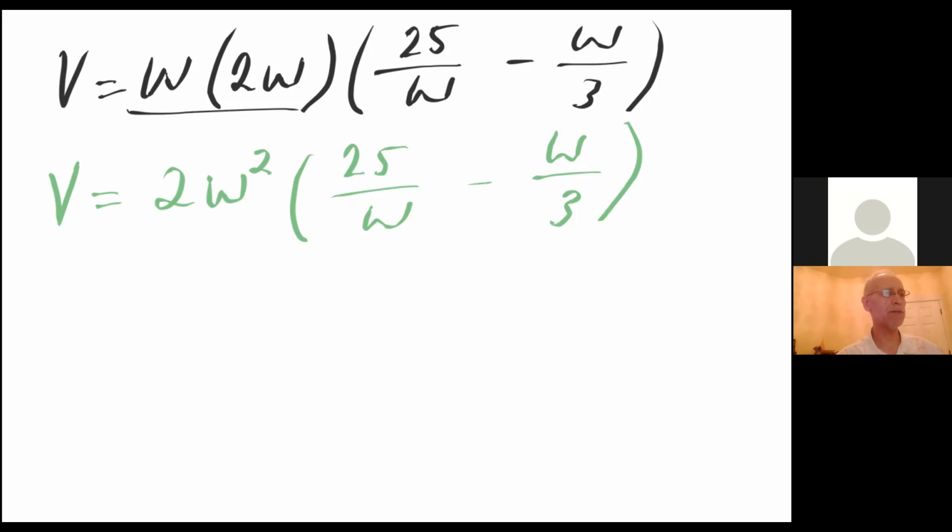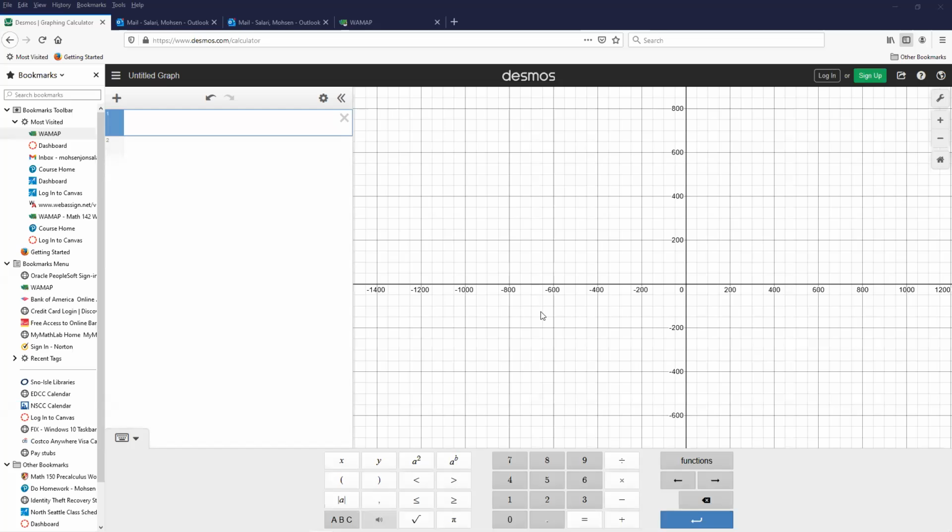So let me go here in Desmos, and I'm going to be plugging this in. In Desmos, it's easier for me to use x instead of w.